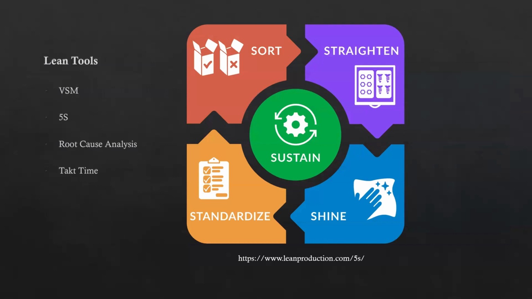So going into some lean tools that get preached at every single consulting firm, we've got VSM, but I'll focus on 5S and root cause because that's what I have the most experience with. 5S, as seen to the right with this simple little diagram, is the idea of sort, straighten, sustain, shine, and standardize your company.